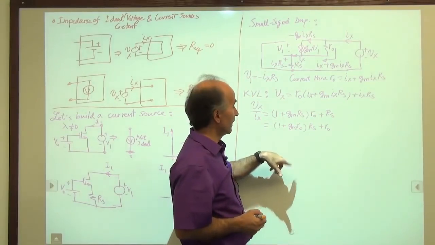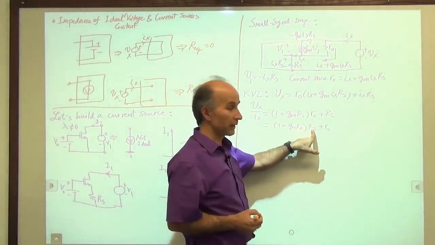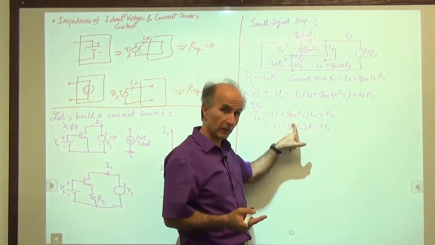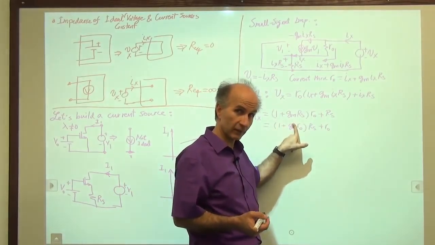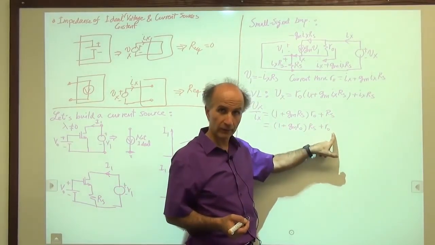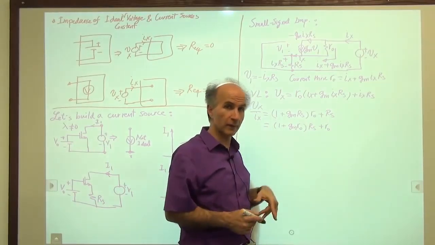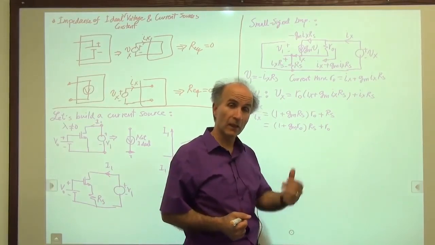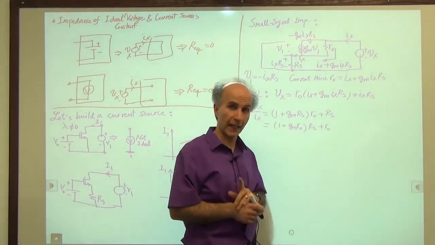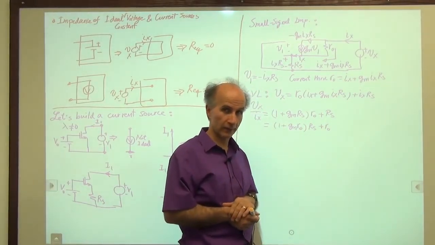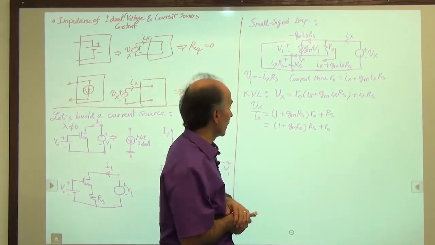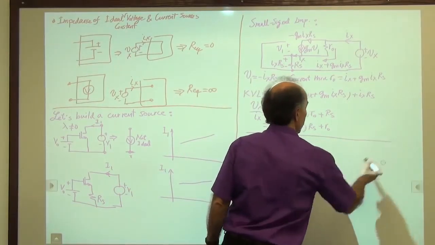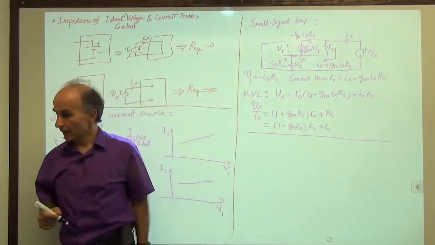Or we can say we have multiplied the RS in the source network by 1 plus the intrinsic gain of the device, and then we added RO. So whichever you like shows that the output impedance of this new circuit is higher than that of the old circuit as a result of degeneration. Okay, so that's what we get for the degenerated current source.